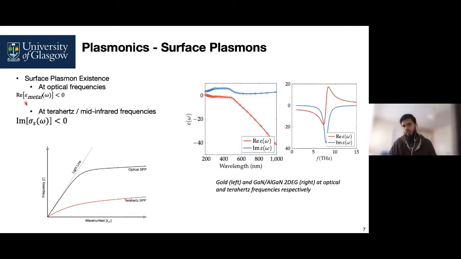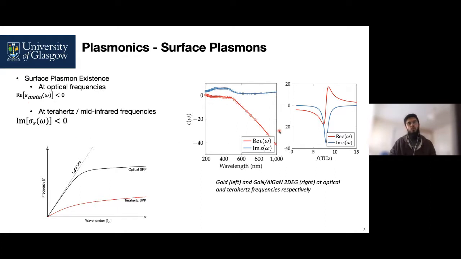This negative real part is commonly observed in metals such as gold, copper, aluminum, as well as silver. So plasmonic-based applications that work in the optical frequency range are primarily based on these metals: gold, silver, aluminum, and copper.